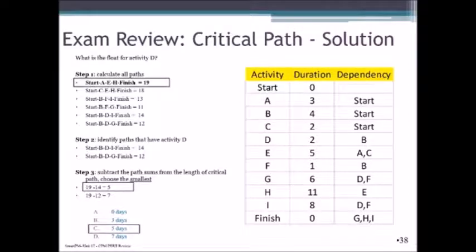Step 2, identify the paths that have activity D. We've determined there are 2 paths of 14 and 12 days respectively. Step 3, subtract the path sums from the critical path of 19 and choose the smallest one. Therefore, the answer is C, 5 days.